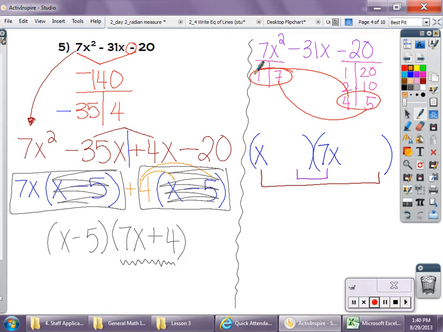So the 1 right here got partnered with the 4. So I'm going to take the 1 and partner him right here with the 4. And then the 7 was partnered with the 5 to make 35. So the 7 is partnered with the 5 right here.